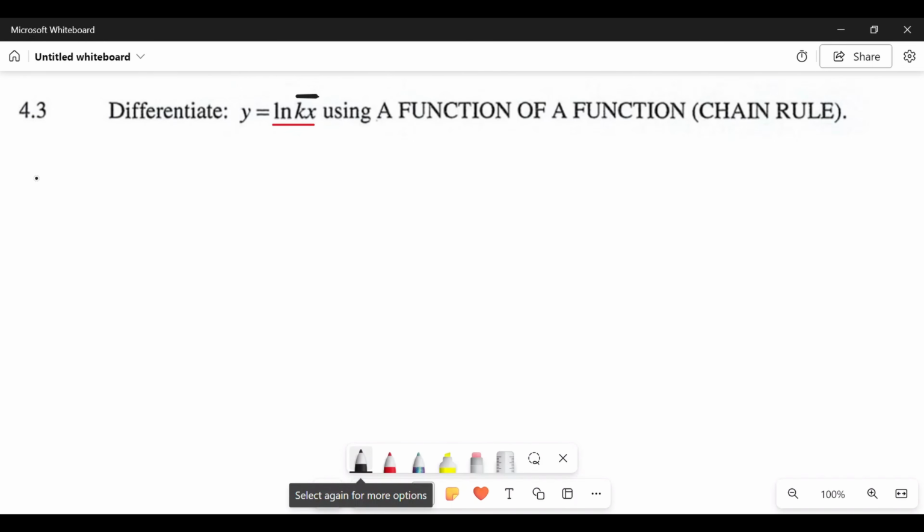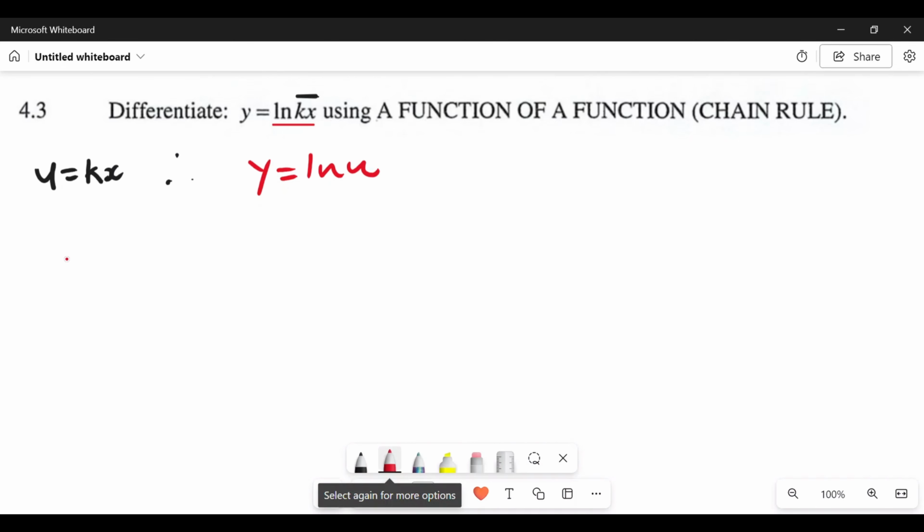For example, if u is equal to kx, which is the inner function, therefore y is equal to natural log u. So we substitute here and use this method.